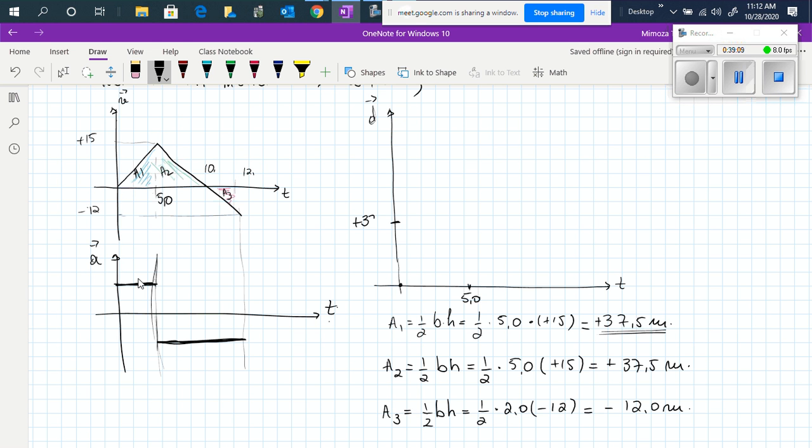So positive 37.5 is somewhere in here, and this is the point where the object will be at 5 seconds. Now the question is, how is it going there? Is it going curve up, curve down, or straight? Since the slope of the velocity time graph is positive, we'll go curve up, like this.